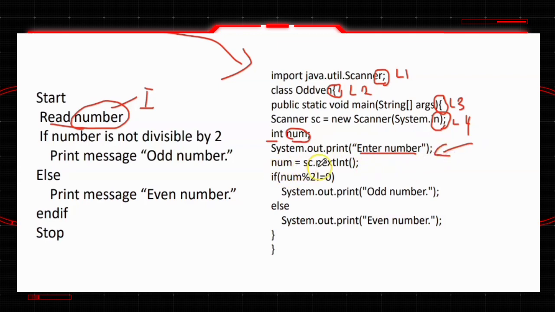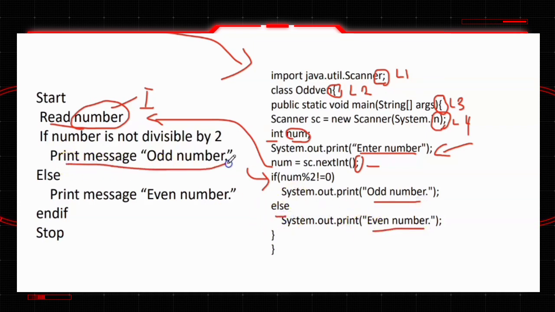So num equal to sc.nextInt() with the semicolon. So this one is for the input statement. Okay, then if number is not divisible by 2, so the condition, num modulus 2 not equal to 0. So if true means print odd number, else print even number.